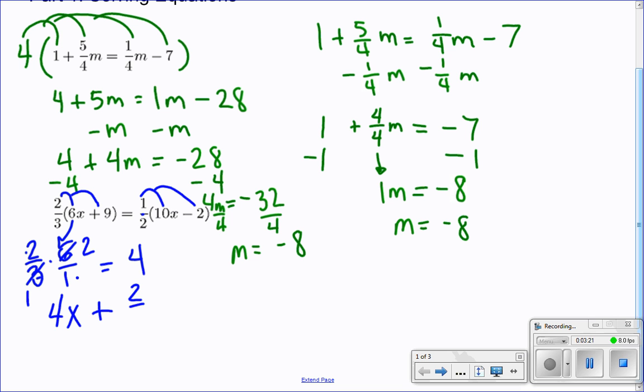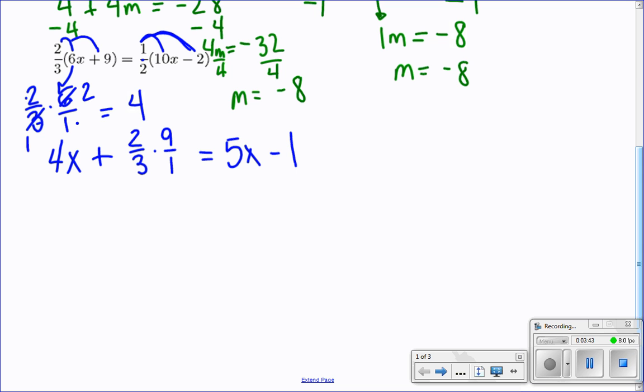We've got 2/3 times 9 over 1 is equal to, and here we're going to multiply 1/2 times 10. Well, we know half of 10 is 5, and half of negative 2 is negative 1. Okay, this 2/3 times 9 over 1, we're going to cancel a 3 from both the numerator and the denominator.